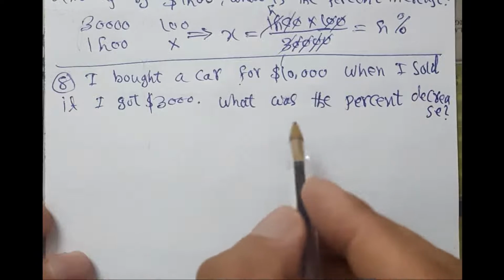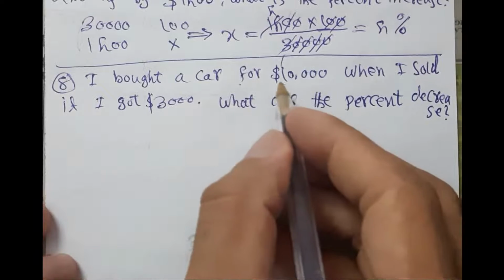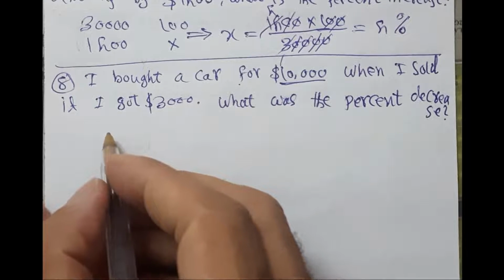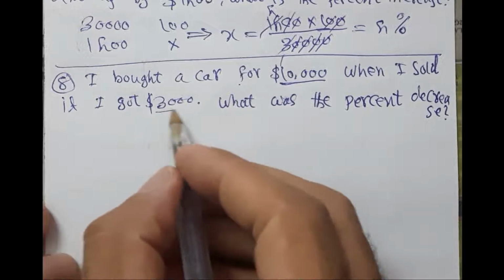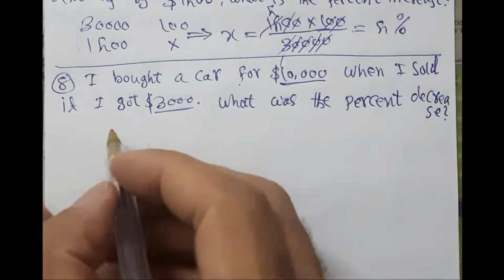We want to find the percent of this decrease. Actually, the original amount is 10,000, and I got 3,000. Now how many dollars did I lose?